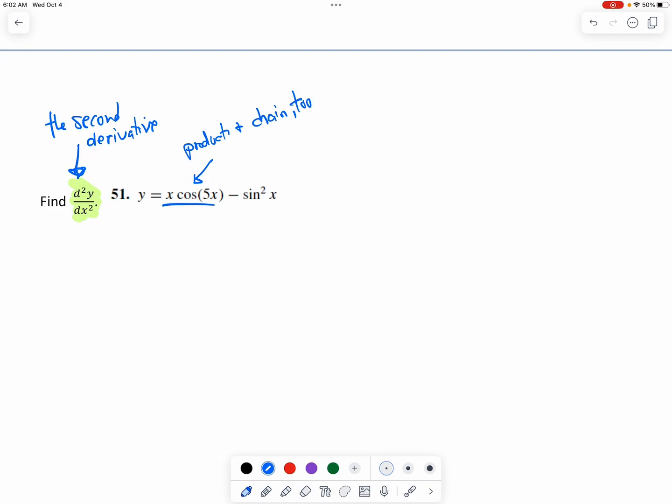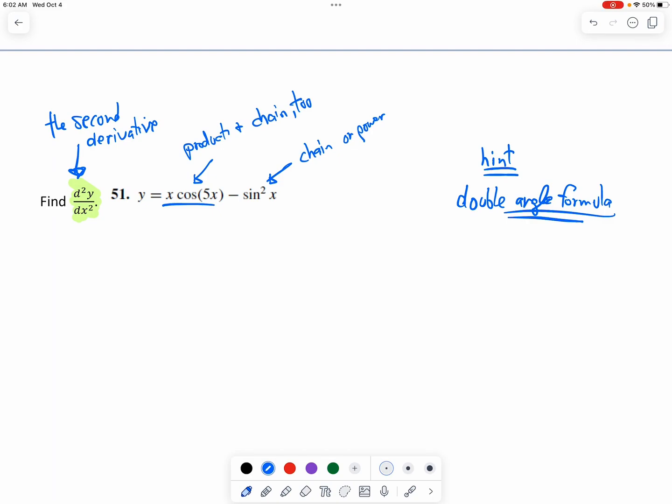Product and chain too. And then this one is a chain, or you could call it a power. And as another hint, you will use a double angle formula to make number 51 a little bit easier.